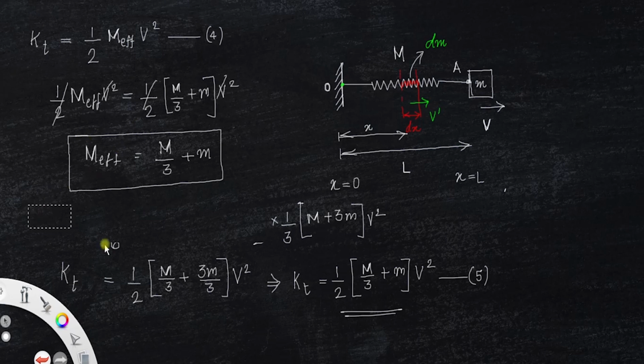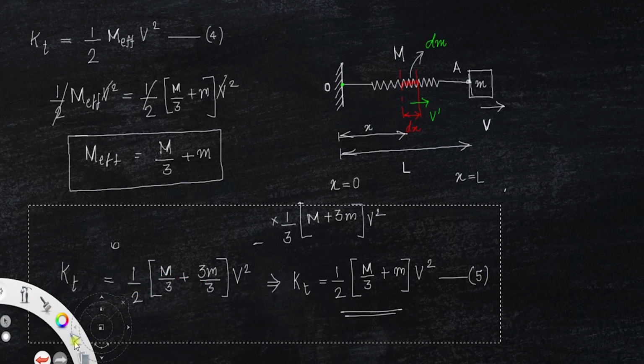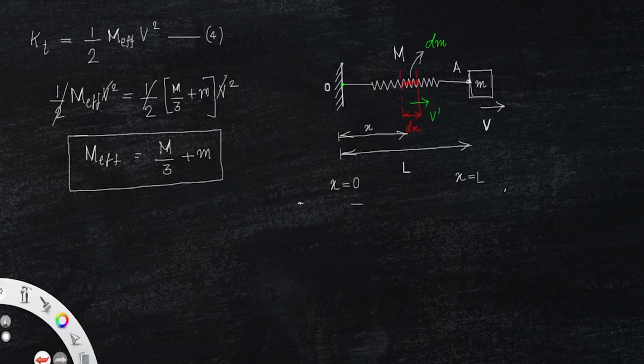And from this relation itself, you can find that the effective mass of the spring is actually m by 3. Clear? This is the expression for the effective mass of the spring. So even though the mass of the spring is m, its effective value only comes to m by 3. Clear?